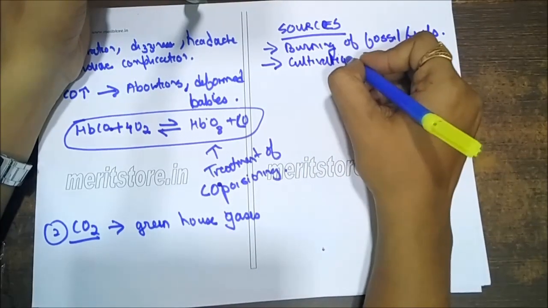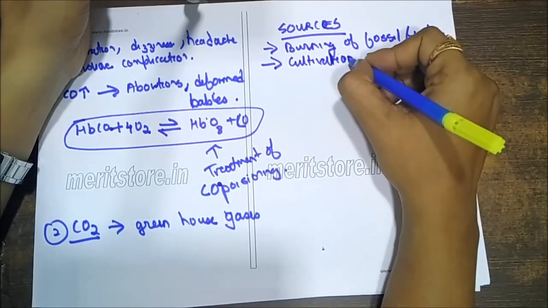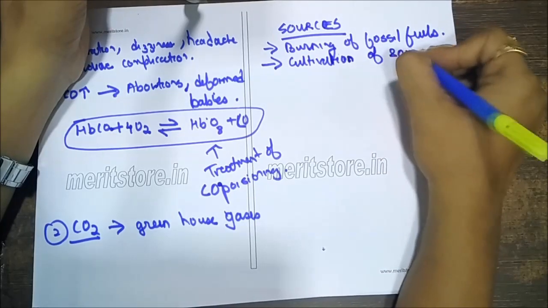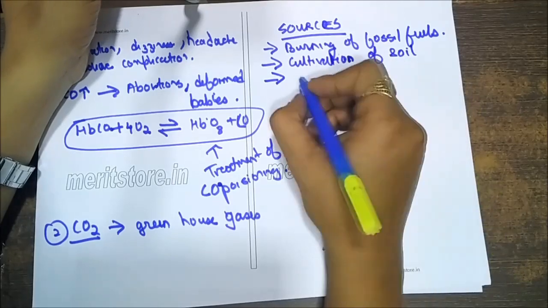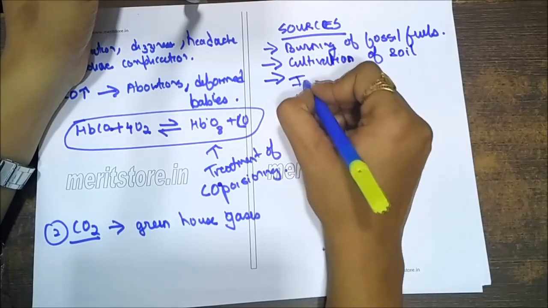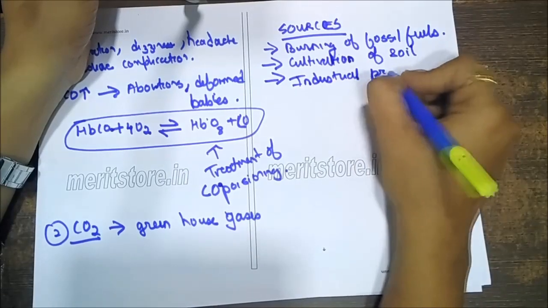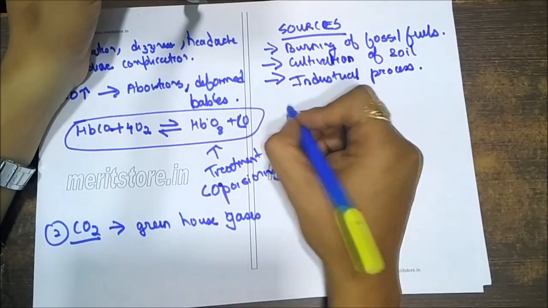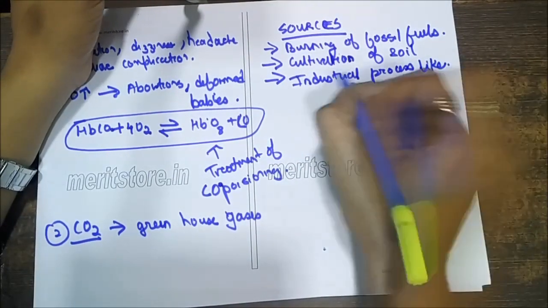Bacteria involved in the cultivation of soil release carbon dioxide. Then various industrial processes like alcohol formation and lime formation also cause release of carbon dioxide.